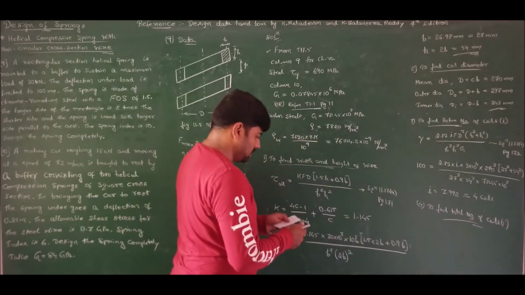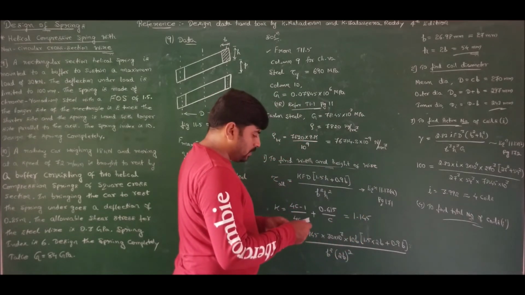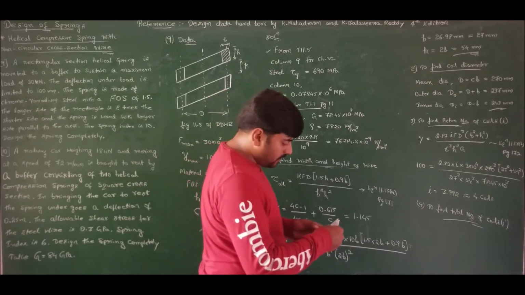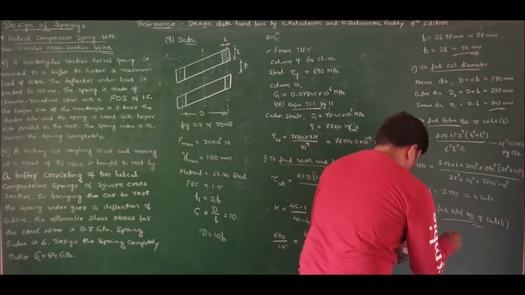From here onwards, the steps remain the same as we employed to design circular cross section wire. Follow the same steps from table 11.4.